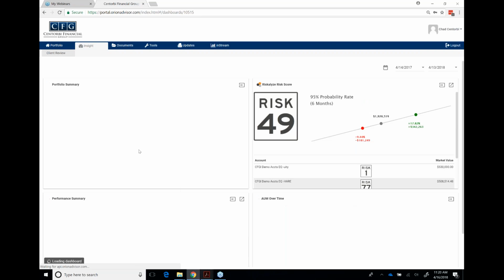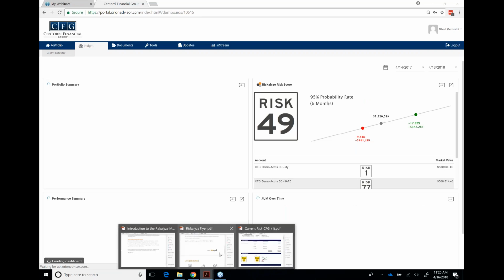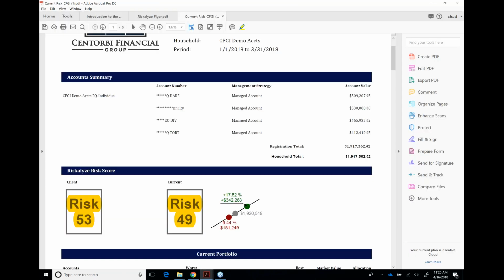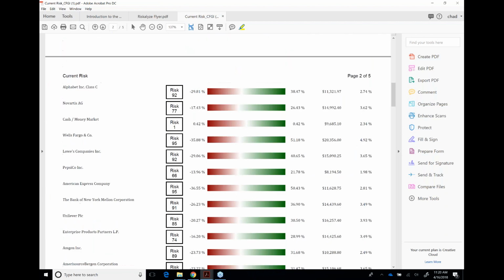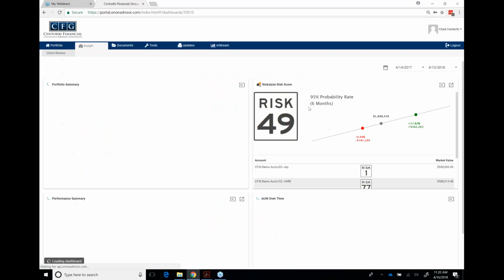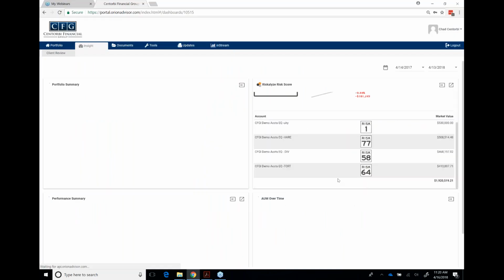And then we can obviously run the report, and that is going to give you the detail of what every individual security is inside of there. One thing to notice: if you add an outside account to the portal, we'll get notifications on that, and normally it will take about 2 to 3 business days for that outside account to show up here.